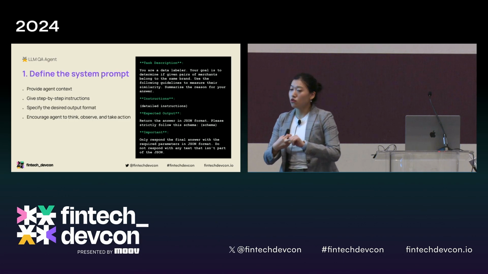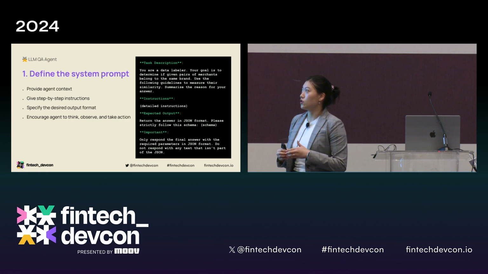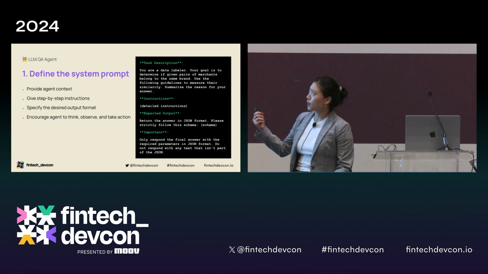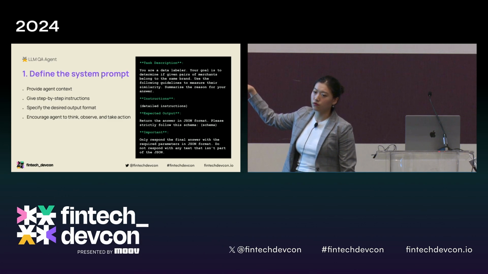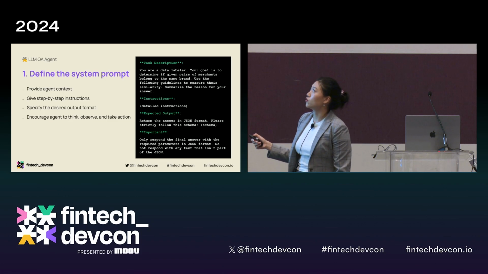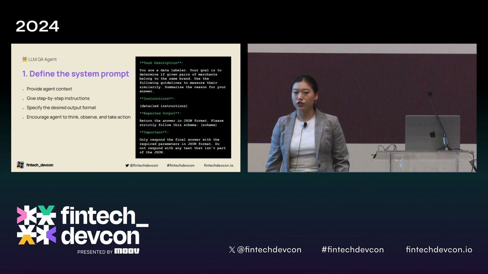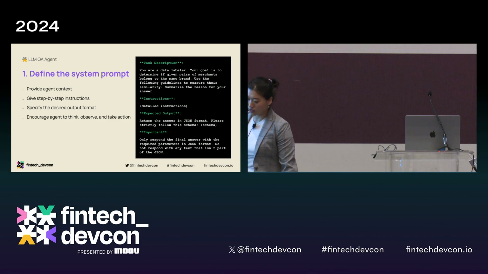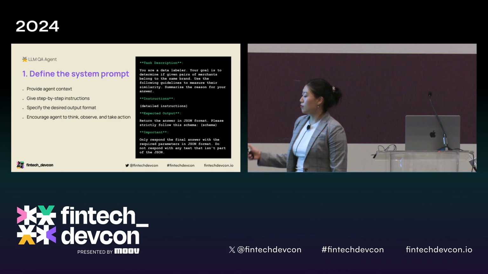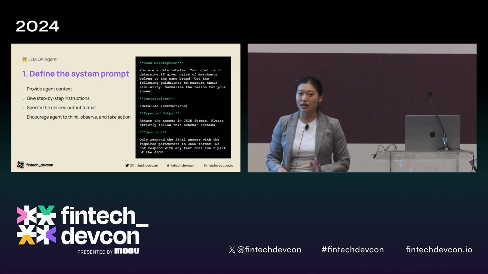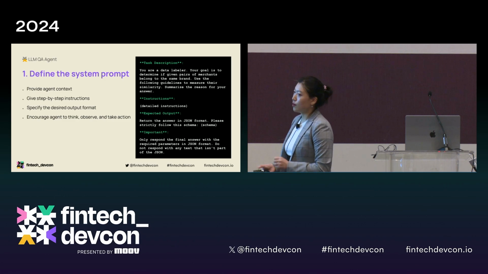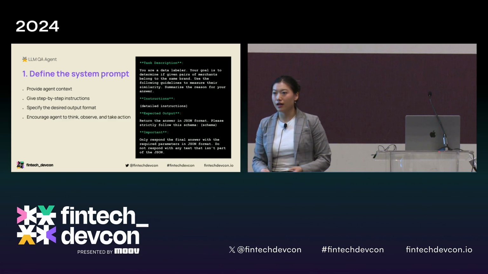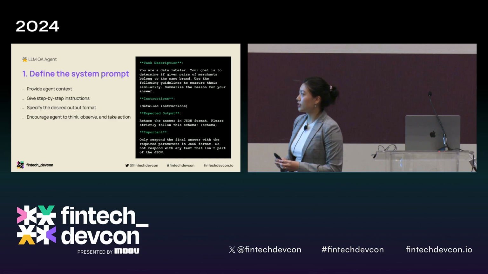So the first part of defining your agent is to define a system prompt. That's very important. In these examples, we divided the system prompt into 4 parts. In the task description part, you should provide your agent with enough context for it to understand what to do. In the second part, we provide step-by-step instructions for our agent to execute. In the third part, we tell our agent the desired output that it should return to us.